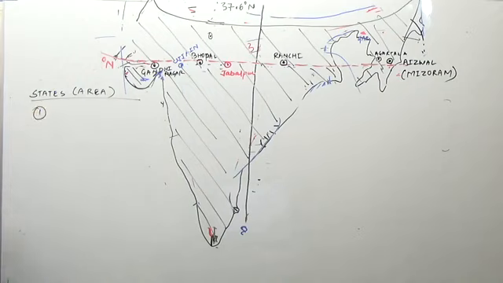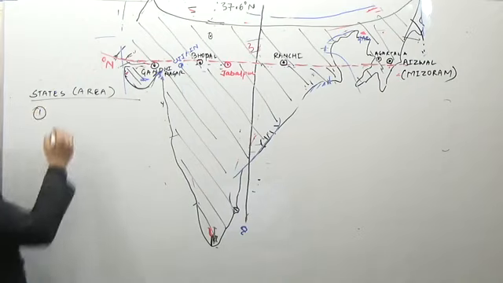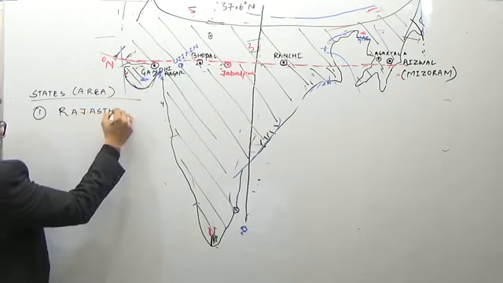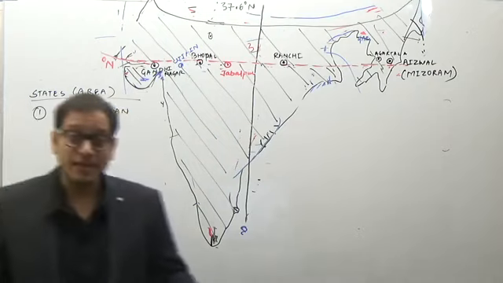The biggest state in India is the state of Rajasthan. Rajasthan is the biggest state in India, by the terms of area we are doing.